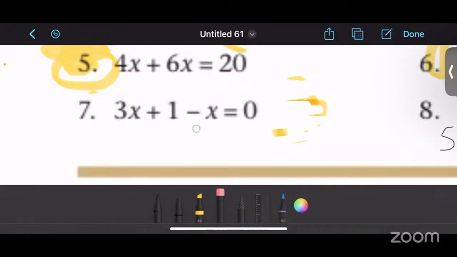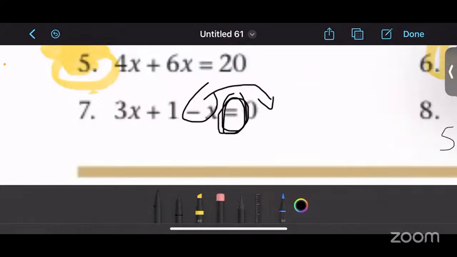Okay, now let's try to redo it then. Ma'am, can you re-explain? So the changing of sign? Yes. The changing of sign only takes place when we are crossing an equal sign. So if we are crossing this x to the other side of the equal sign, that means the sign is going to change.